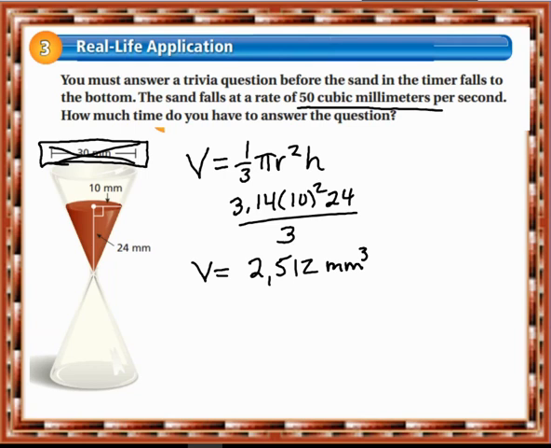So now if every second we have 50 millimeters falling, how many seconds would we get? We're going to have to divide this by our 50, and we would find that the time is 50.24 seconds. So that's how much time you have to answer your question, a little less than a minute.